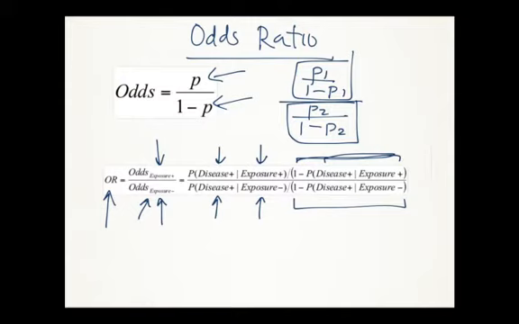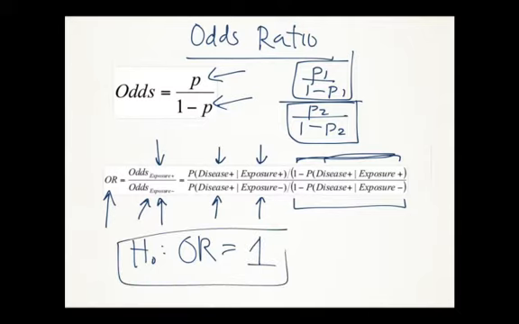So under the null, what is the odds ratio? Well, this is a ratio again, right? Just like the relative risk or risk ratio that we were looking at before. And we know that the null value when you divide two numbers is 1. Okay? So that is the null value of the odds ratio.